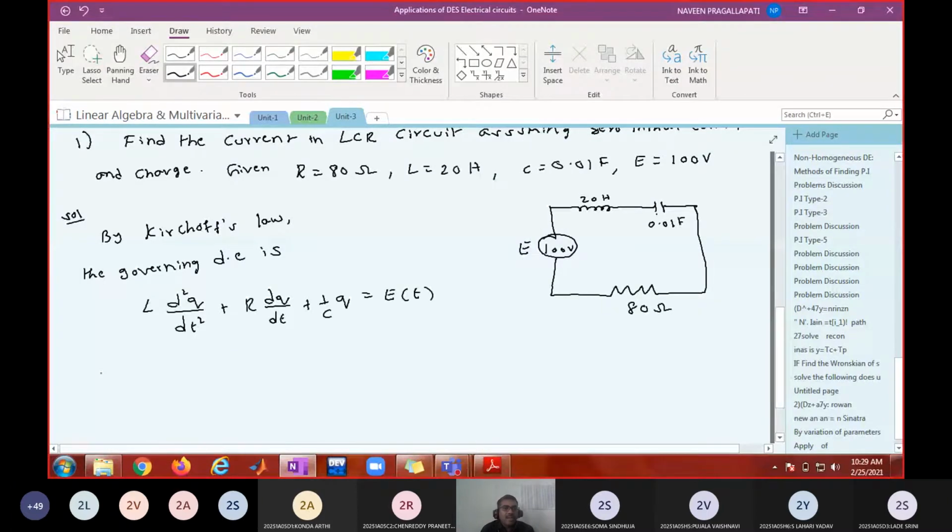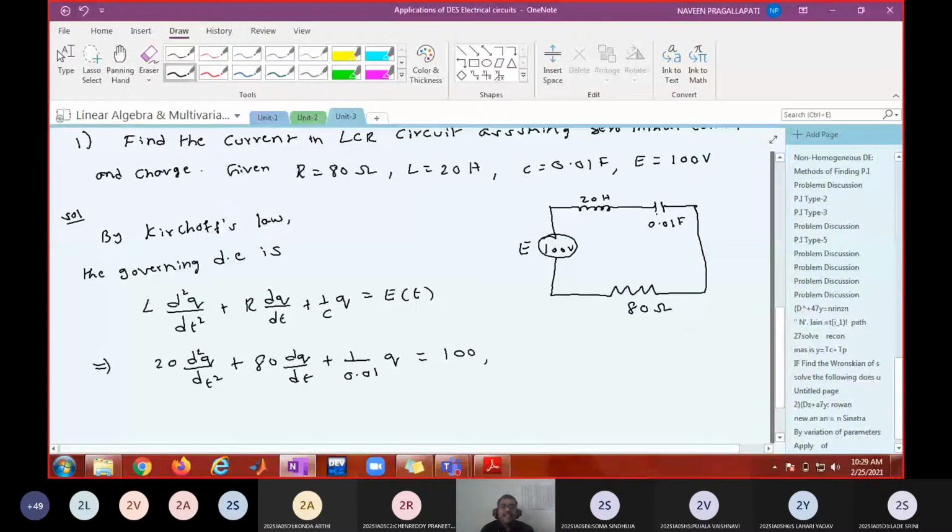Okay, and what is L here? 20 d²q/dt² + 80 dq/dt + (1/0.01) q = 100.